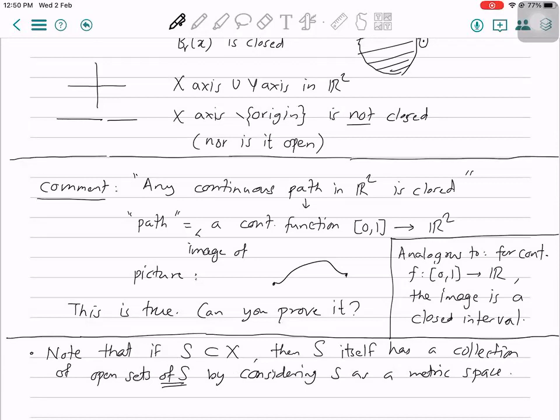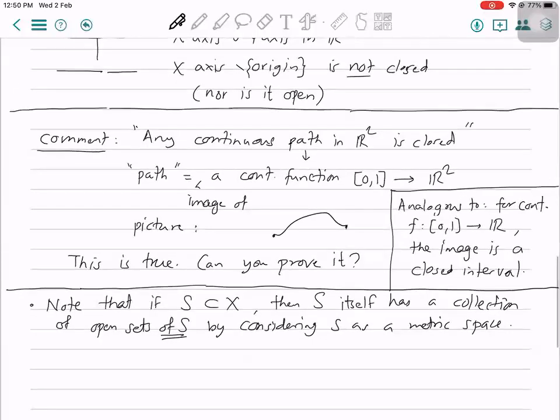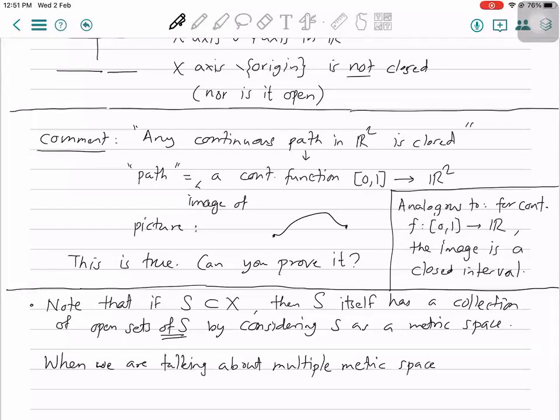When we are talking about multiple topological spaces at once, it is important to say open in what? I'm sorry, I use the word topological space, which we have not defined, but let's say multiple metric spaces at the same time.